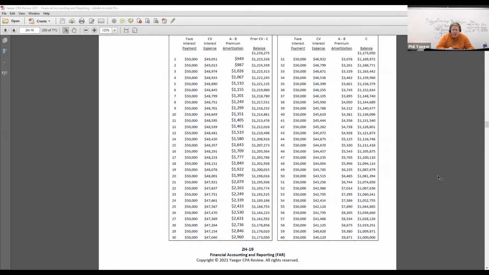Now, the first date we made a payment, you can write this down, it's in the book, was July 1st of 2014. So we pay interest on January 1st and July 1st. Now, the entry you saw for the debit to cash, 1,226,000, that was on the date of issue. And the date of issue was January 1st. You see that?